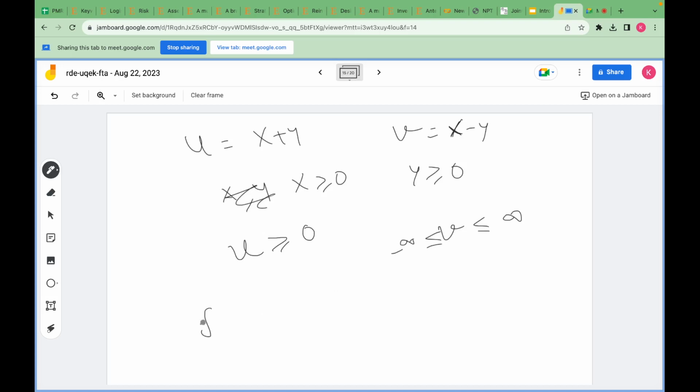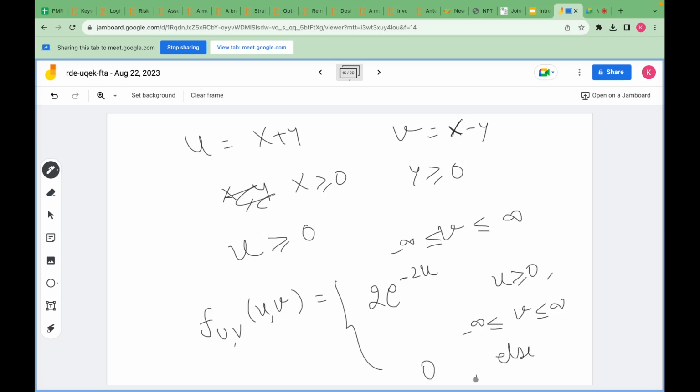Okay, so the joint density of u, v is 2e to the power minus 2u when u is greater than 0 and v is varying from minus infinity to infinity, and 0 elsewhere.